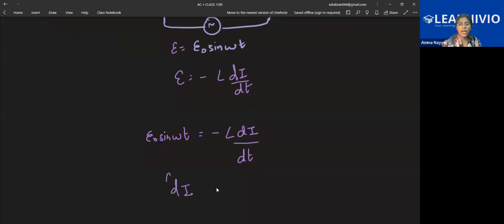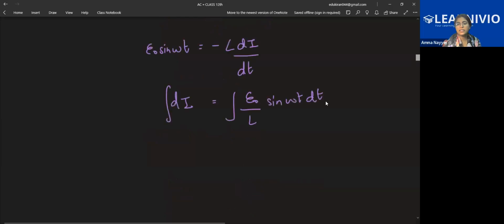So when you have di, this is E naught by L sine omega t dt, integral here. Now we have to integrate it further.